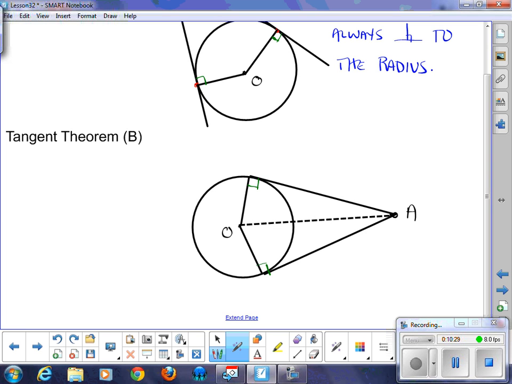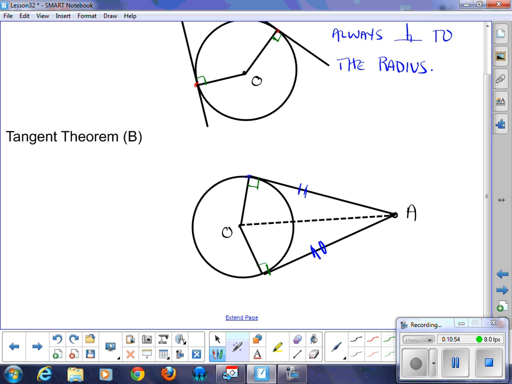This length here is shared between the two triangles. And because this radius and this radius have to be equal, by the definition of radius, these two triangles are similar, which means that this length here and this length here have to be equal. So two tangents drawn from a common point will always be an equal length.